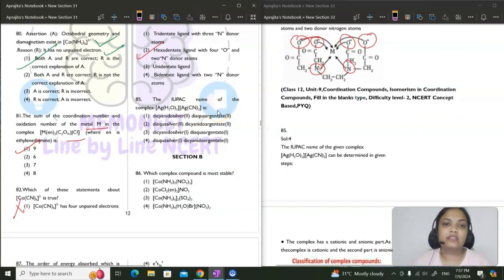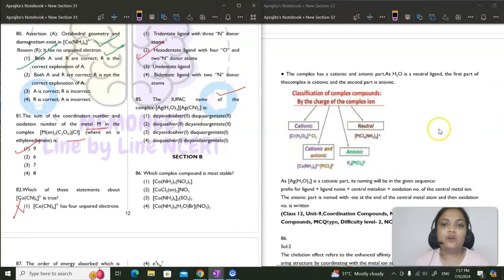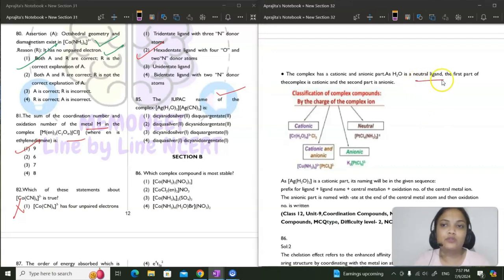Next, question number 85. You have to write the IUPAC name of the complex. So how to determine? There is a cationic as well as an anionic part. H2O is a neutral ligand, so the first part is cationic, and cyanide is negative, so it's anionic. First of all, we will write the cationic part.